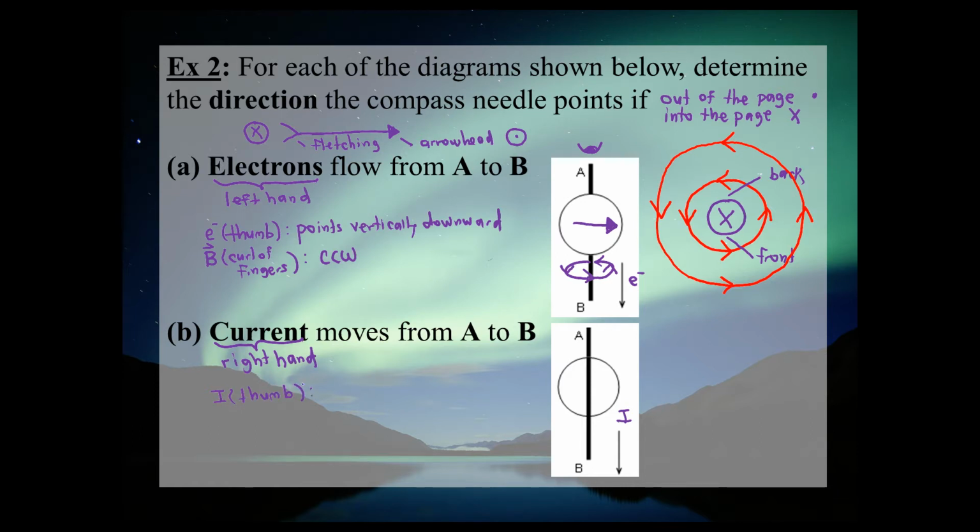It also points vertically downward. And we want to figure out the direction of the magnetic field, which is going to be represented by the direction our fingers curl.